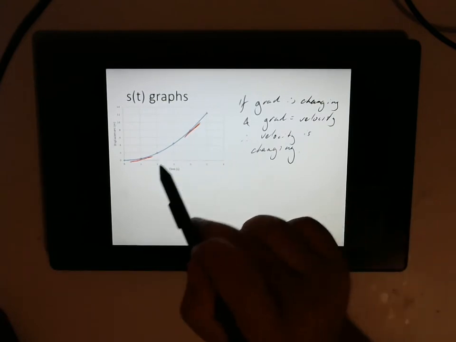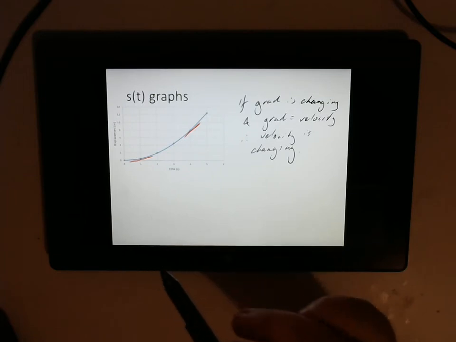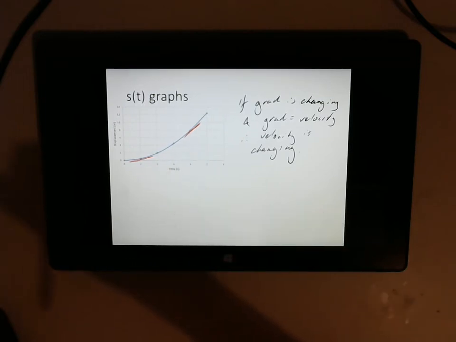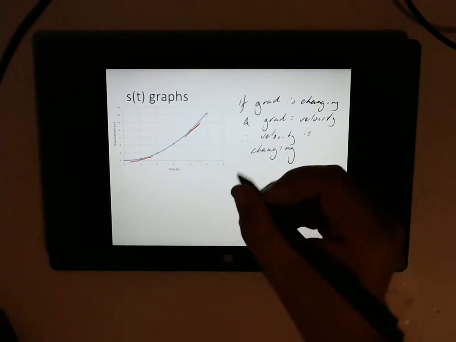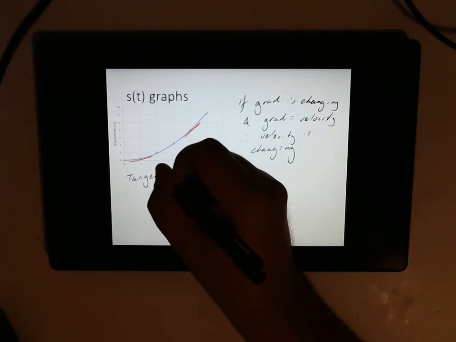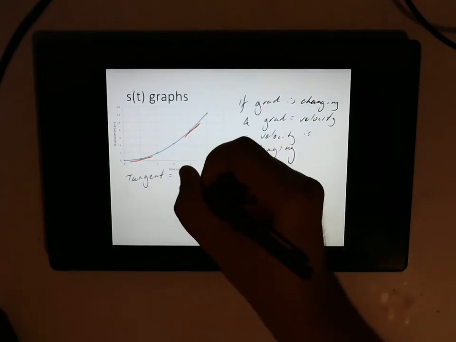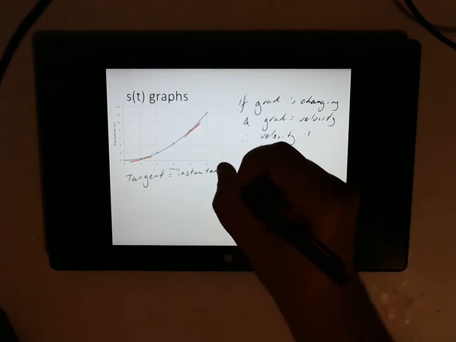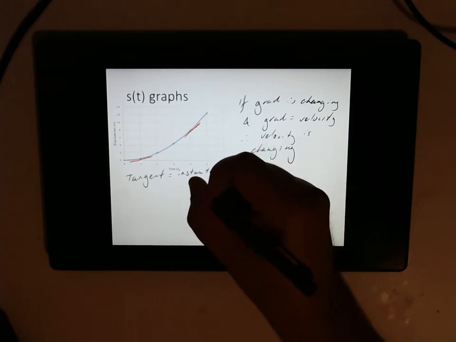And because it's curving, we know there's an acceleration. We can use these tangent lines that we've drawn and measure that. This tangent here, and this is an important thing because we've learnt about this word before, but now we're actually seeing it, equals the instantaneous velocity.